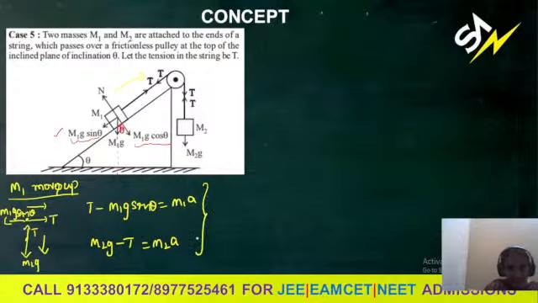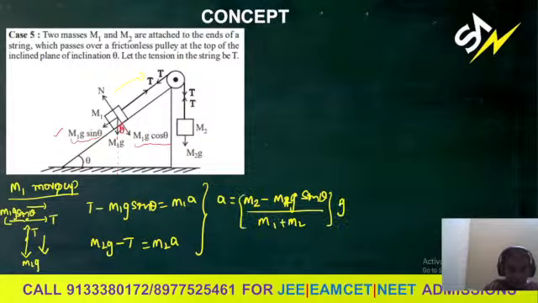So by simplifying these two, common acceleration of the system when M1 moves up the inclined plane, A will be equal to M2 minus M1 sin theta by M1 plus M2 into G. And tension along the string will be equal to, substitute A value here in equation 2, take it as 1, take it as 2.